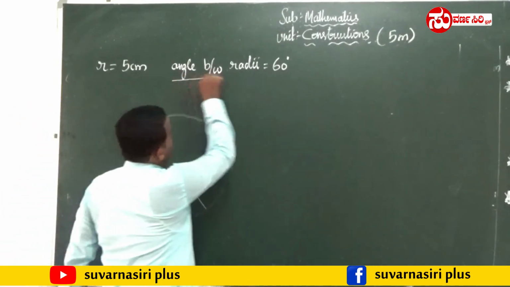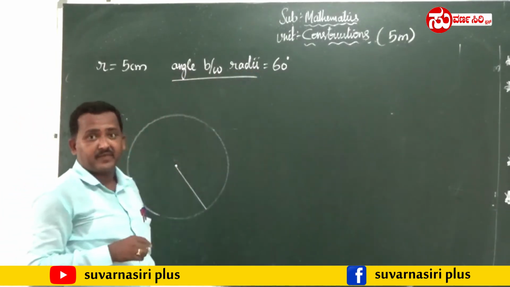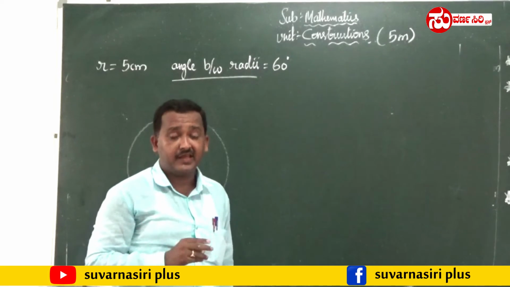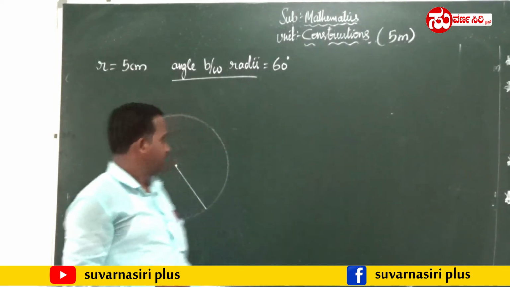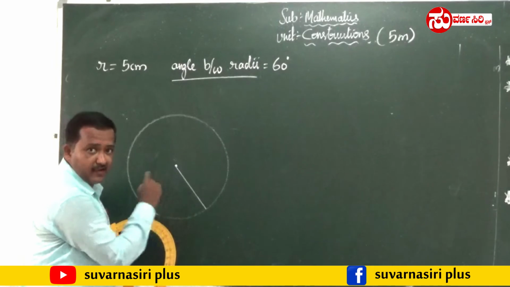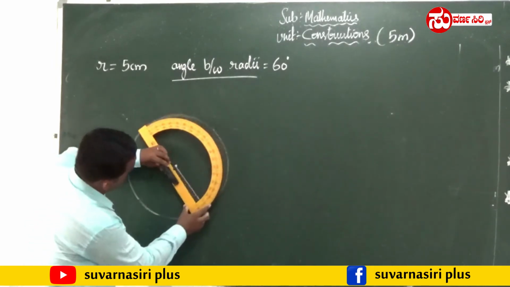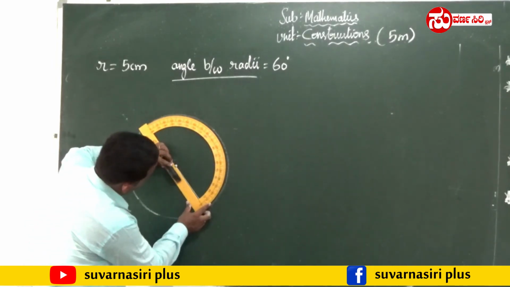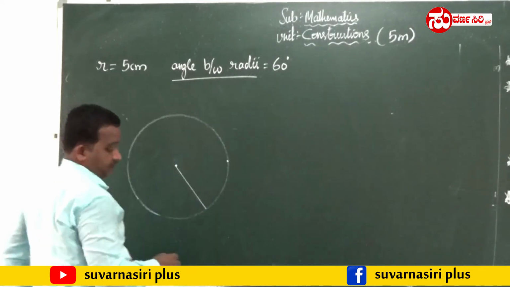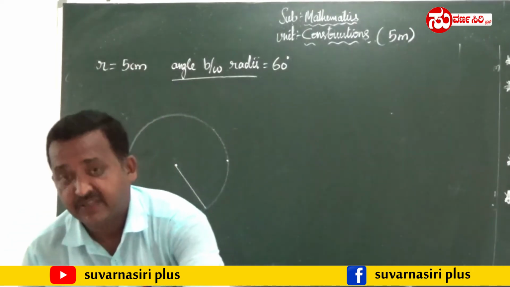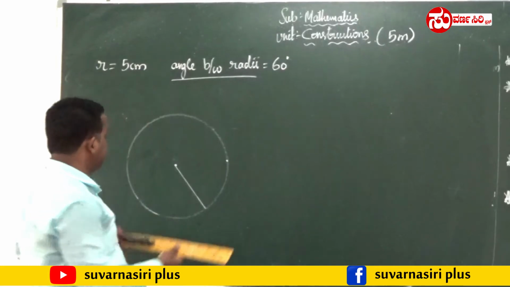Then you should observe, angle between radii means you should draw two radii. Between the two radii the angle must be 60 degrees. One radius I have already drawn, so one more radius we shall take, such that the angle between the two radii will be 60 degrees.